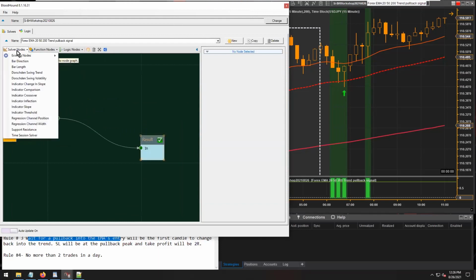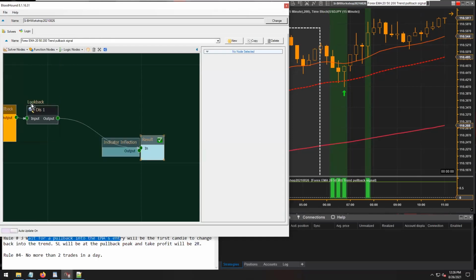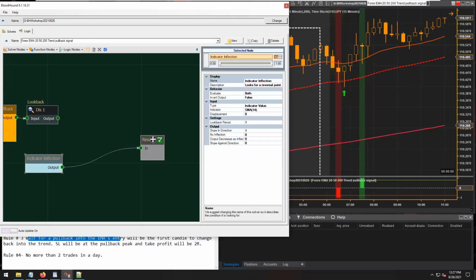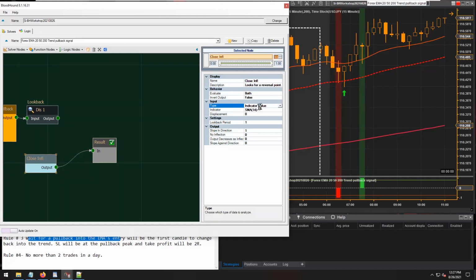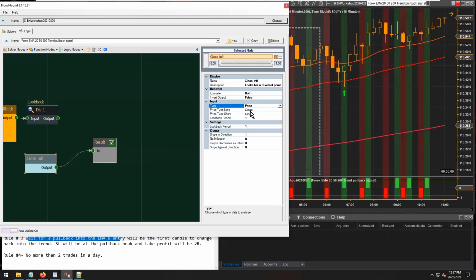Now we need an inflection solver, and the inflection solver will identify those price reversals for us. Our input is going to be price, and we'll just look at the closing price.